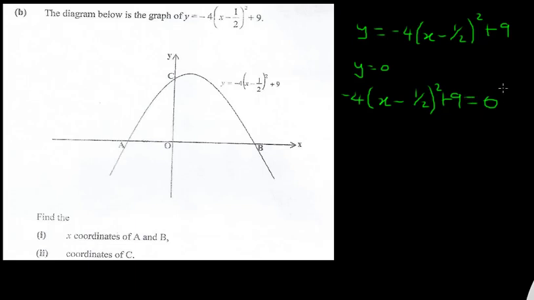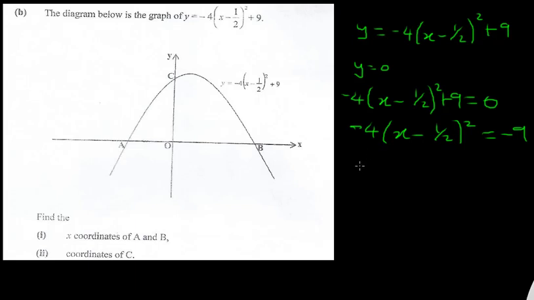So what we'll do is we'll move this 9 to the other side of the equal sign, and we would have minus 4, open brackets, x minus 1 over 2, close brackets, squared equals minus 9, right? Then what do we do?